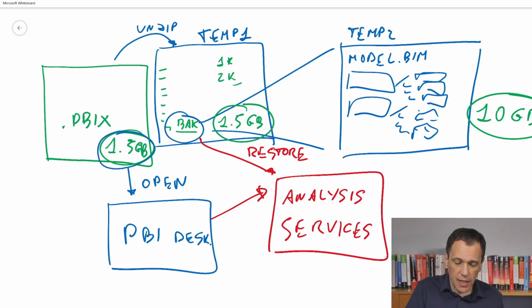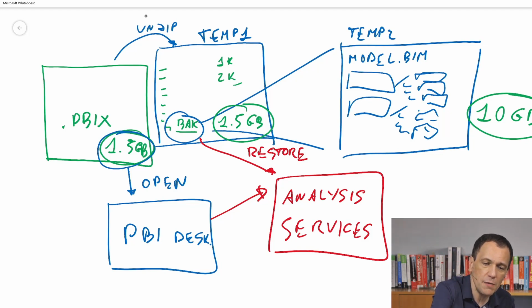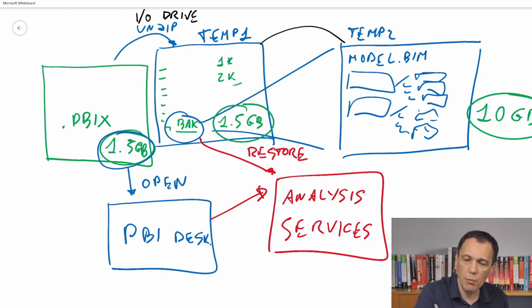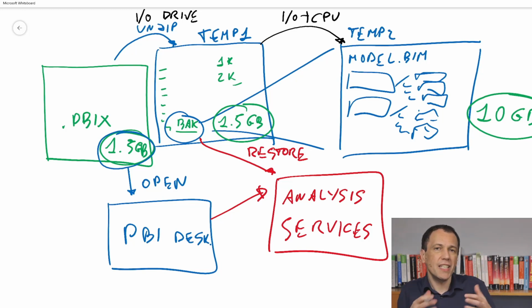So we have seen the CPU consumed here. So this was, let's say, just I/O drive. What happens here, in order to do this step, is again I/O plus CPU, because uncompressing data requires a little bit of CPU, but this is not enough.